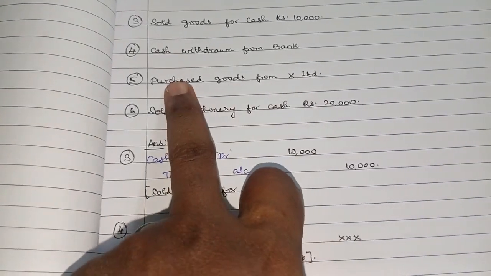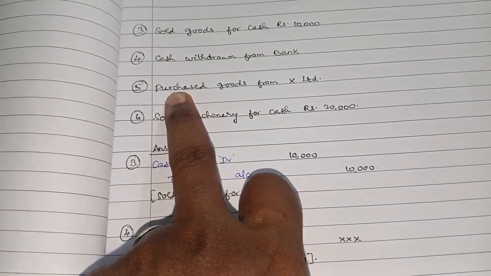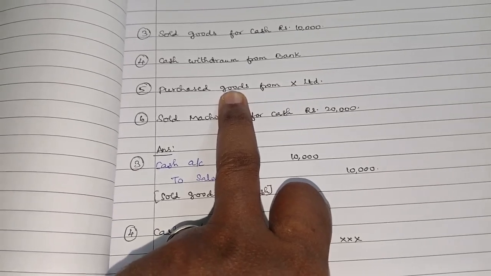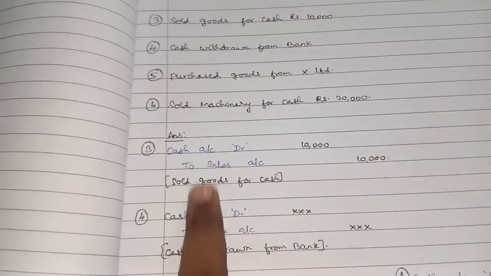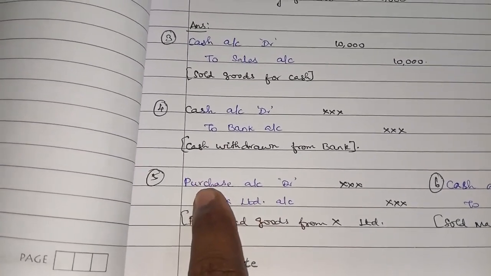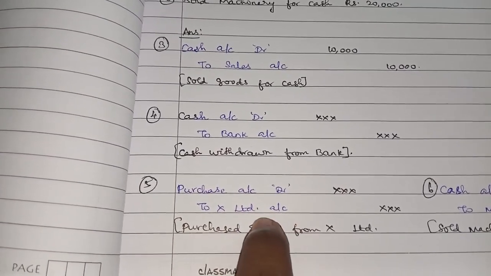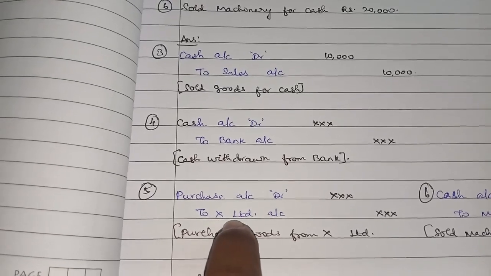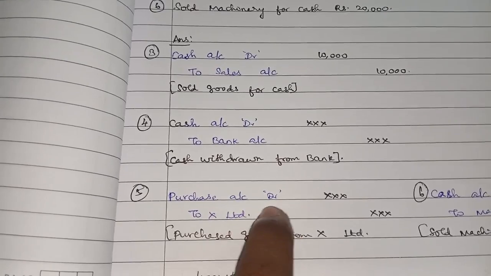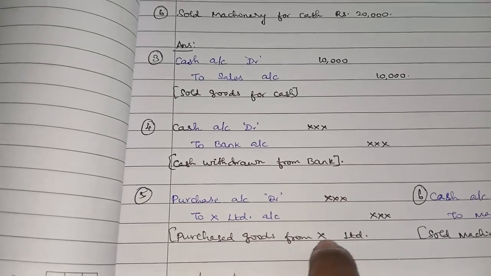They have plainly said that they have purchased goods. They have not said which goods or the goods name. So you write purchases account debit. You are receiving goods. So purchases account debit to X Limited account. Since it is a credit transaction, you write the party's name. So purchases account debit, the giver is X Limited. So purchases account debit to X Limited account, narration.